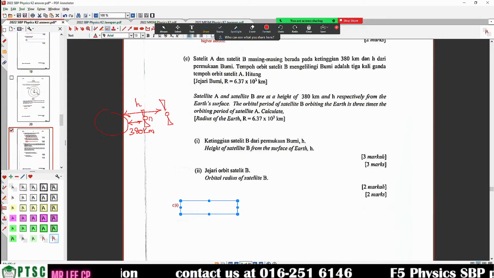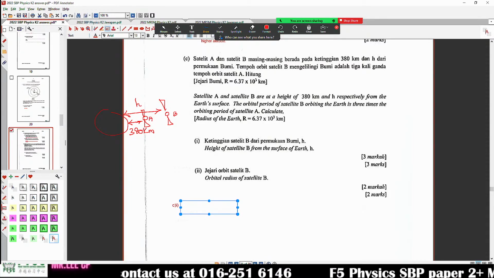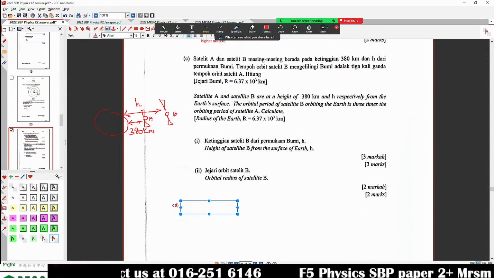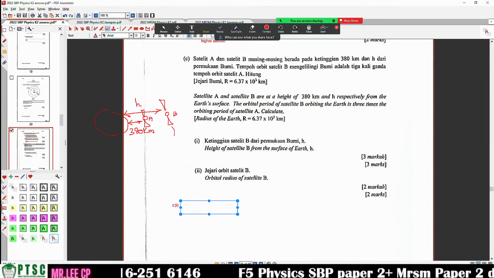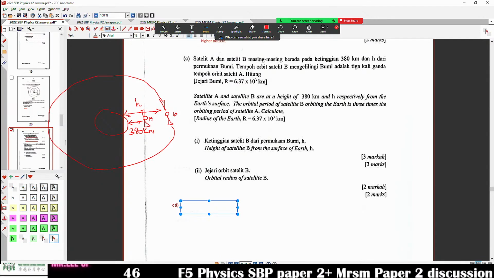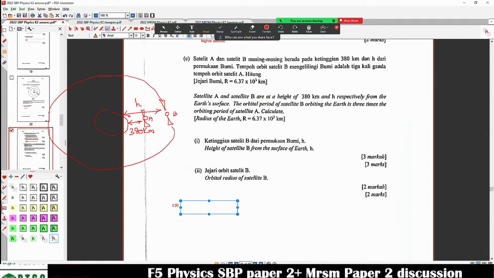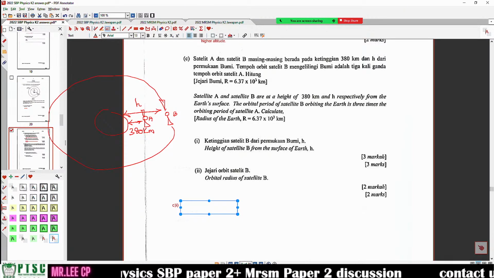So this is A, this is B. B is further, and they gave us h. B has 3 times the orbital period, not 3 times the h, 3 times the orbital period. What is the height h? This is question 1.